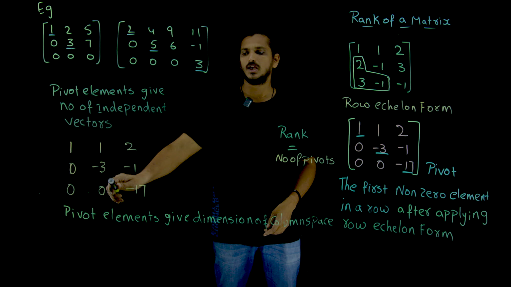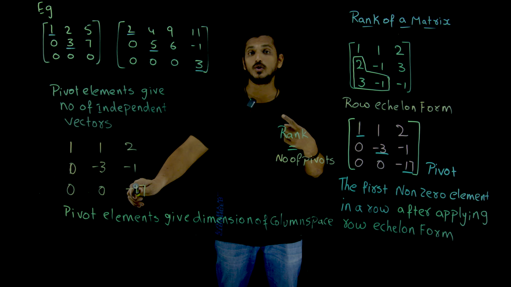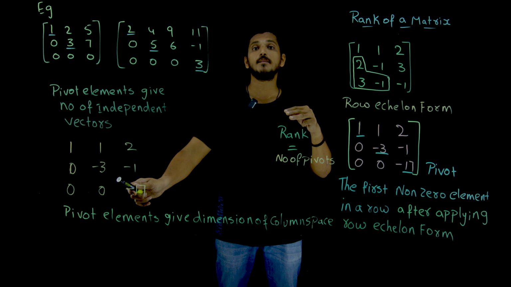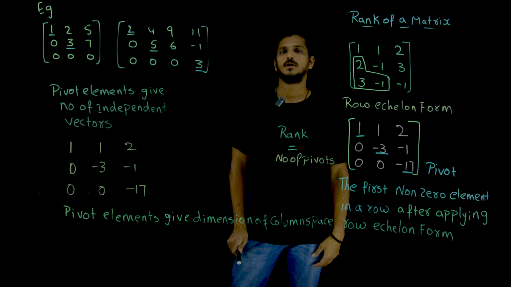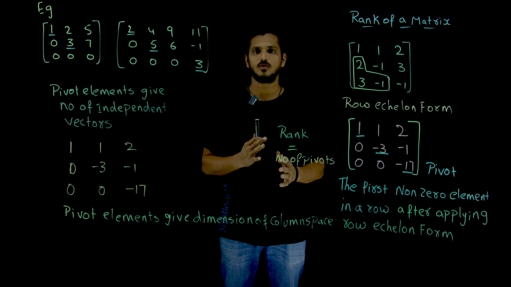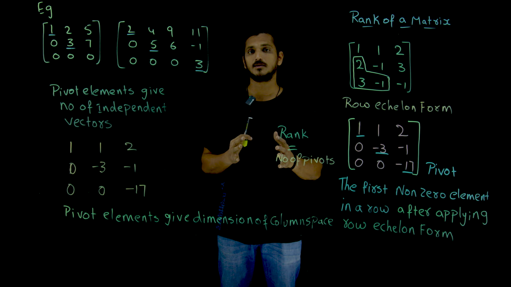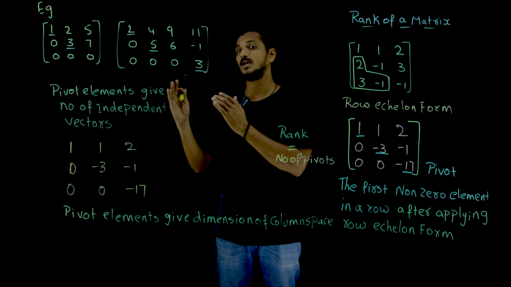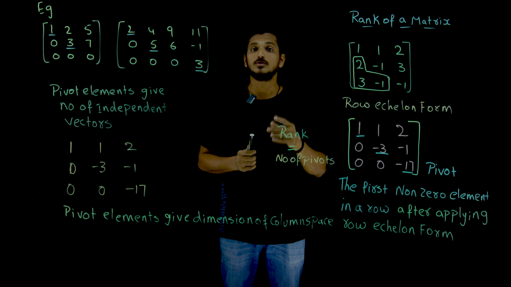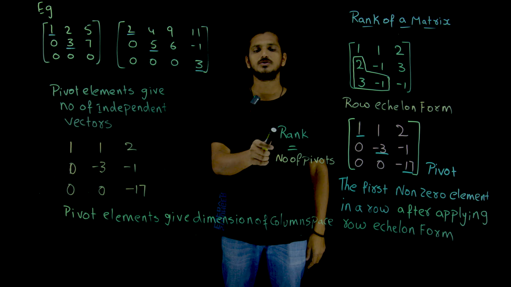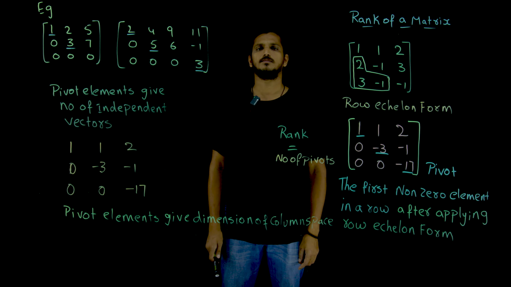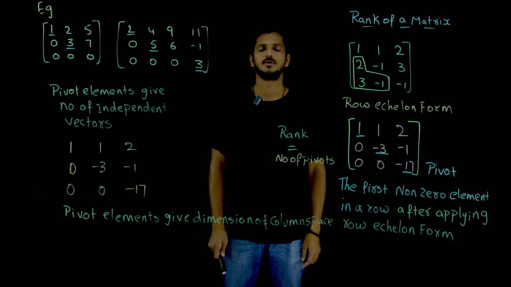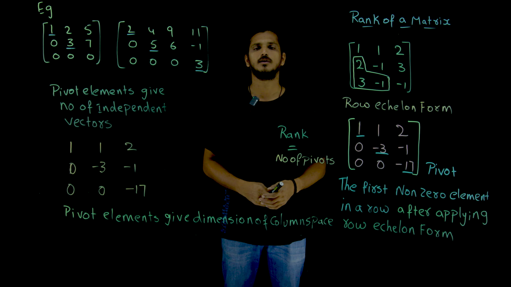Here 3 independent vectors are there, so it is going to span a 3-dimensional space. The basics about this are already covered in our previous classes. So indirectly what we get here is that the rank of a matrix gives you the dimension of the column space. This is the point you need to understand.